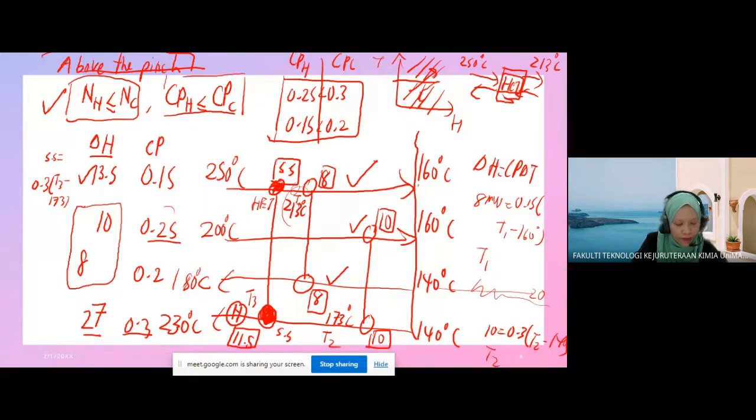So your value is 5.5 divided by 0.3 plus 173, you get T3 here is 191.3, meaning that what enters here is 173 degree C, what leaves is 191.3.